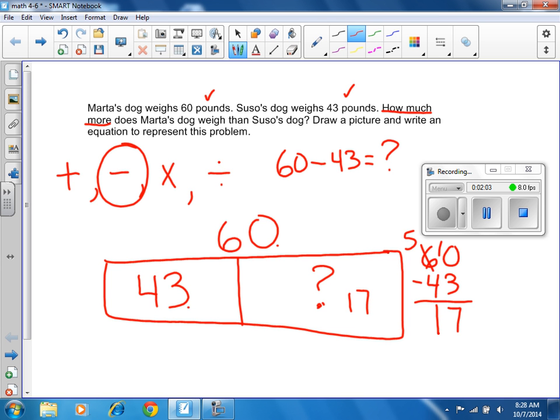So the answer to the problem is Marta's dog weighs 17 pounds more than Suso's dog. And that's how you solve for subtraction.